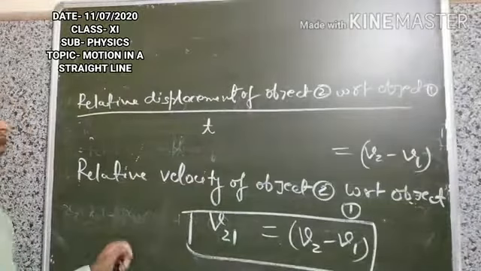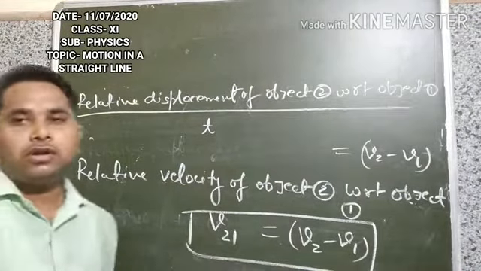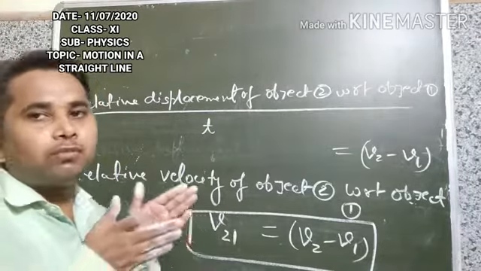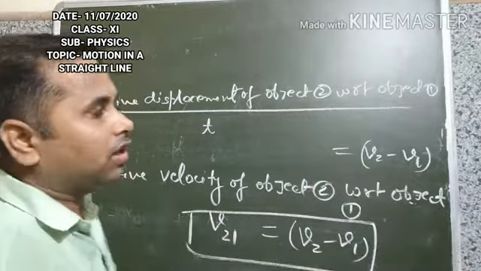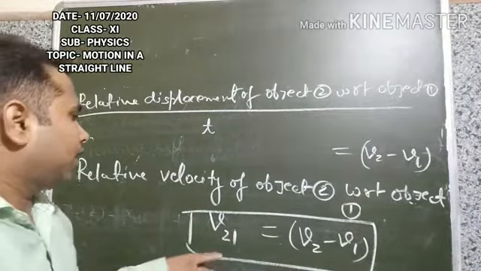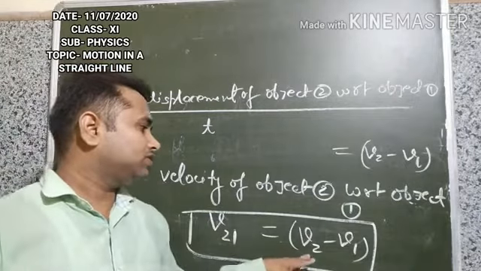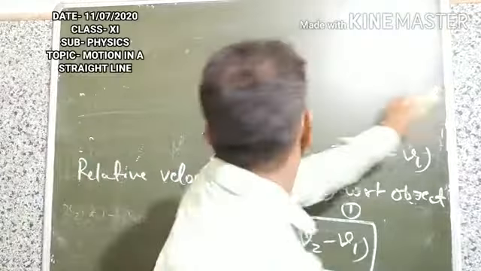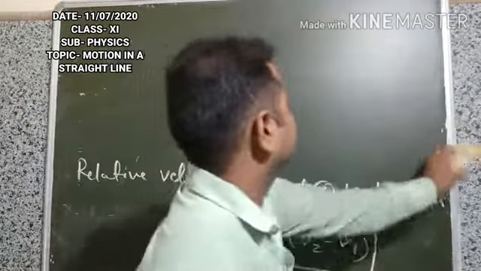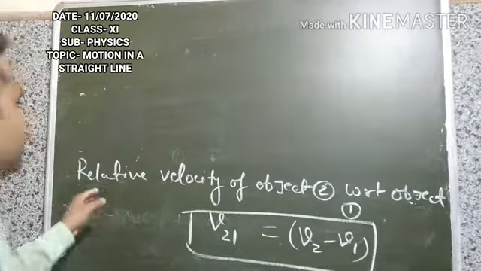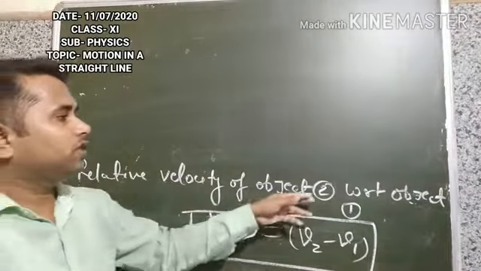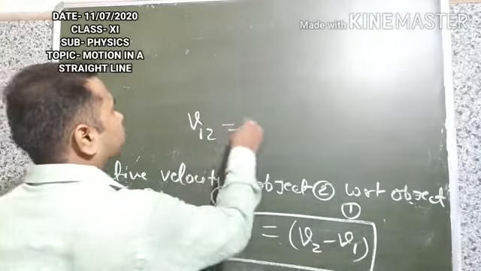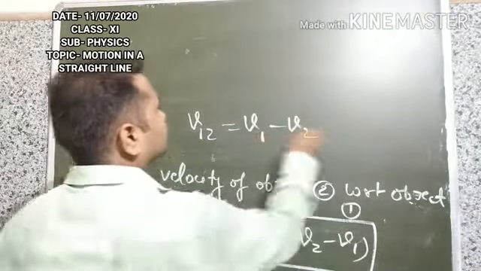See here, this is the expression for relative velocity when the two objects are moving in the same direction, and having the uniform velocities v1 and v2. Similarly, you can write the relative velocity of object 1 with respect to object 2. It is given by v12 equals v1 minus v2.